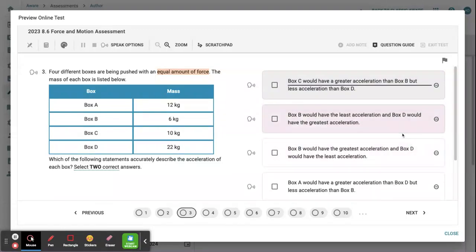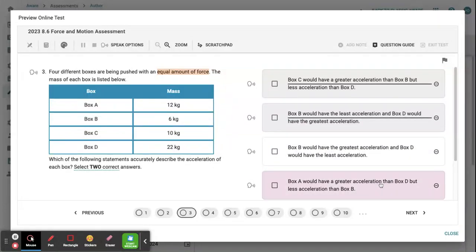Box B would have the least acceleration, and box D would have the greatest acceleration. Box B would have the least acceleration. No, it would have the most acceleration. Box B would have the greatest acceleration, so far good, and box D would have the least. That's true.